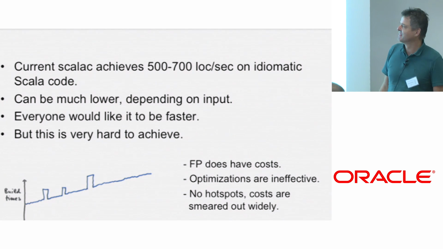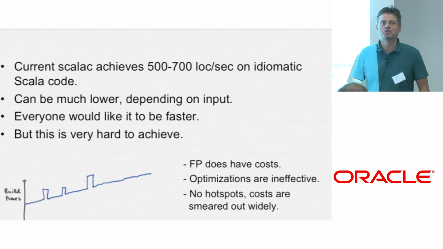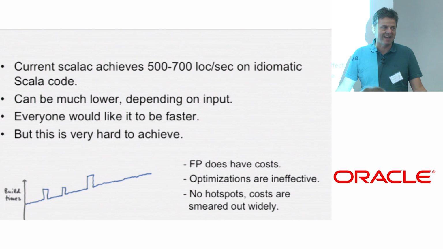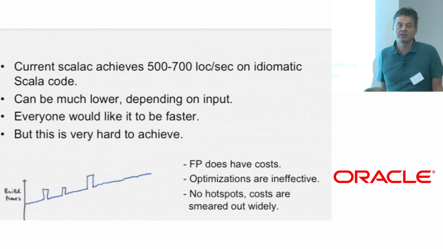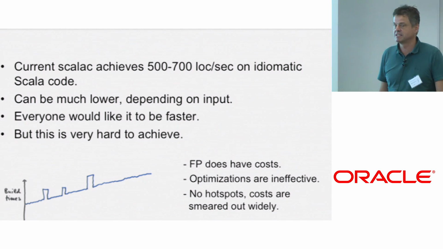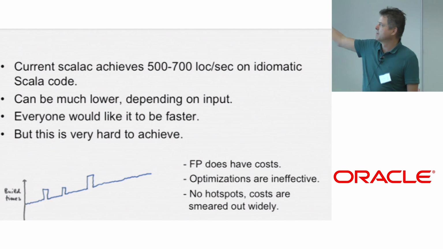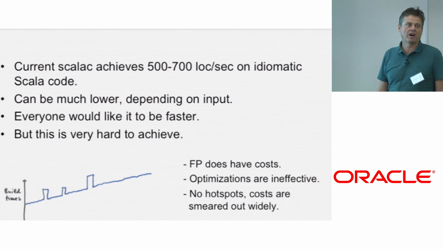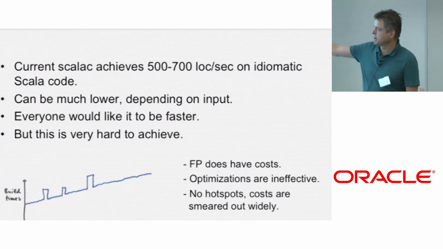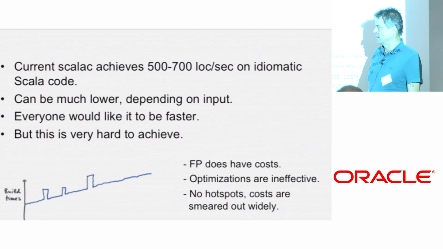So that's sort of the worst case. Normal Scala code doesn't have that. You get maybe 500 to 700 lines, but again, Javac is much faster than that. So we would rather want to be, let's say, a factor of 5 faster than the 500 to 700 lines. Everybody would like it to be faster, and it's very hard to achieve.